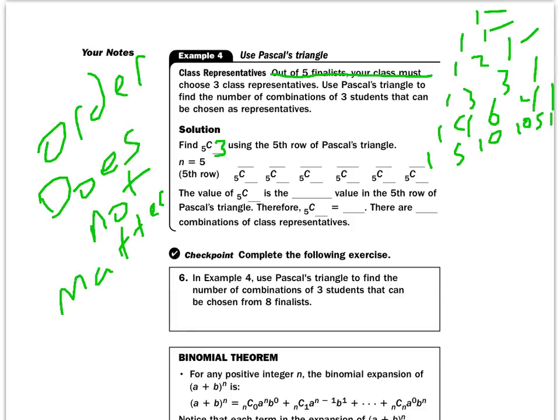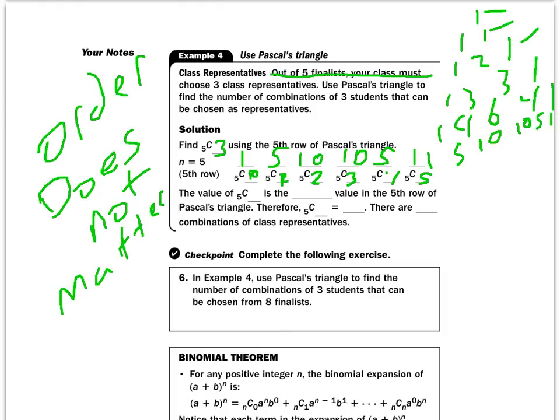So I had 5 choose 0, 5 choose 1, 2, 3, 4, and 5. I'm sorry, that first one should be 5 choose 0. 1's on the outsides, always. The number of the row is the next one in. All right? And then we have 10 and 10. Okay? That's the fifth row of Pascal's triangle.